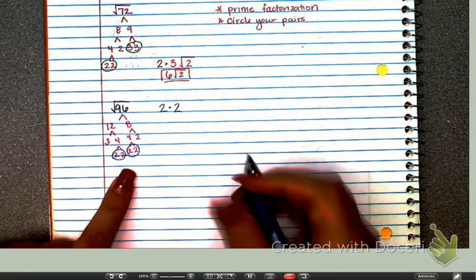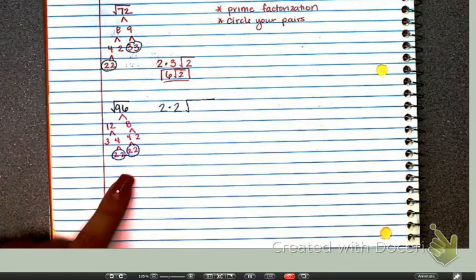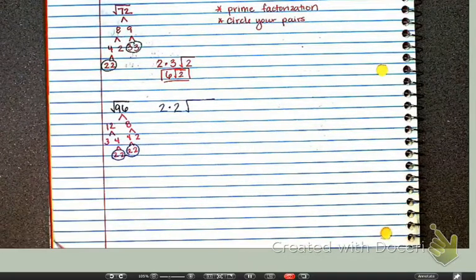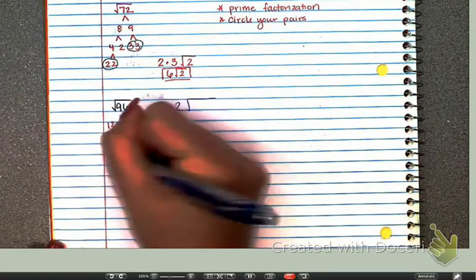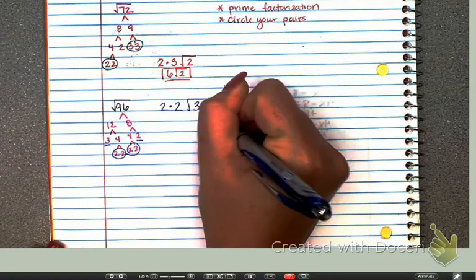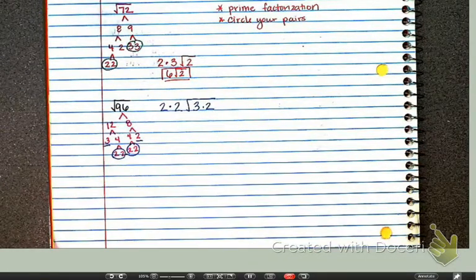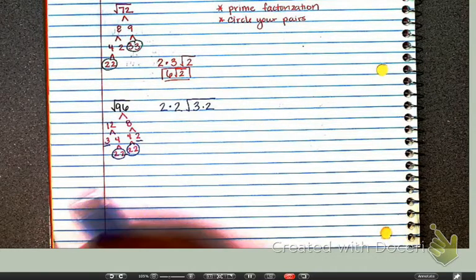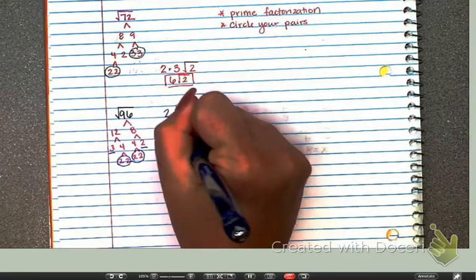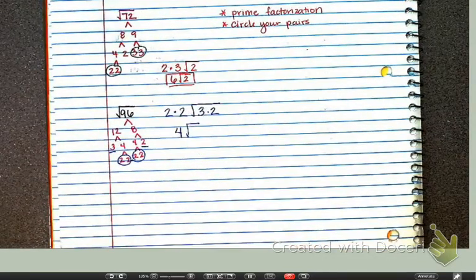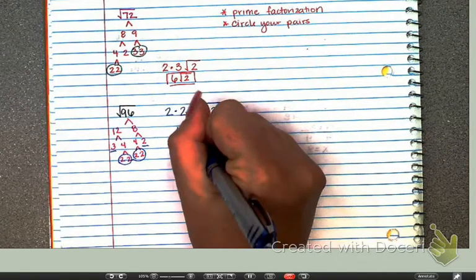And then what happens if you don't have a pair? You stay inside. So what's left over? 3 and 2. Okay, the 3 and the 2 are left over. So just like we multiplied on the outside, 2 times 2 gives me 4, you also multiply on the inside. 3 times 2 gives you 6.